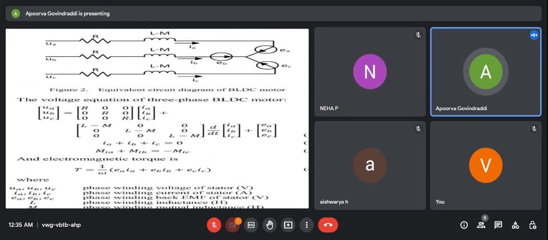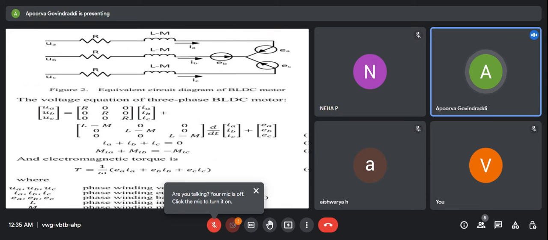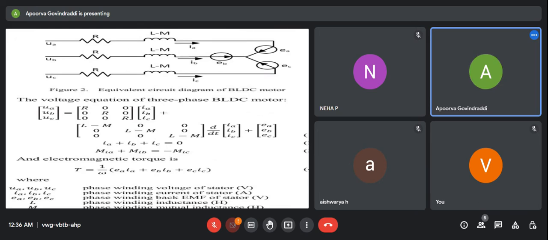Here we have a BLDC circuit, that is an LCR circuit, and we use the concept of matrices to construct a voltage equation using various variables. Here we have Ua, Ub, Uc, which are the phase winding voltages, Ia, Ib, Ic, which are the phase winding currents, Ea, Eb, Ec, the respective back EMFs of the stators, and L and M are the inductance and mutual inductance of the windings.